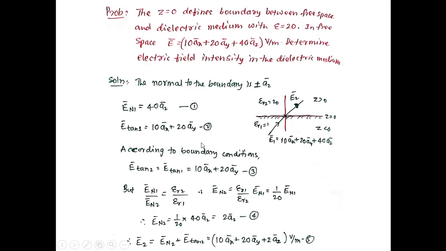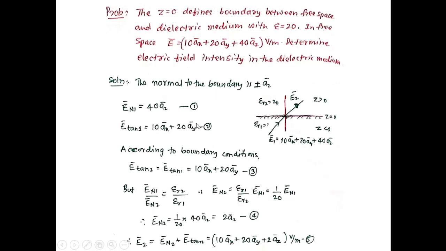According to the normal boundary condition, En1 bar divided by En2 bar is equal to epsilon R2 divided by epsilon R1. Therefore, En2 bar is equal to epsilon R1 divided by epsilon R2 times En1 bar. Epsilon R1 is 1 and epsilon R2 is equal to 20, as given. Substituting En1 bar equal to 40 az bar, we get En2 bar equal to 2 az bar.